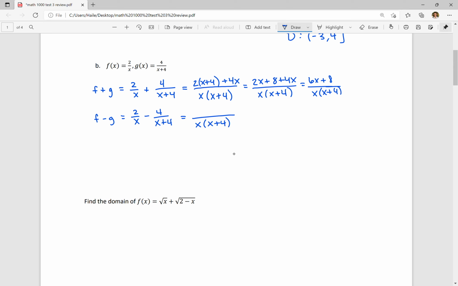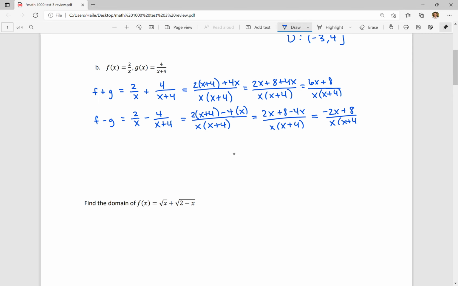And then we multiplied 2 by the x plus 4, and then we multiply 4 by x. So what we end up with is 2x plus 8 minus 4x over x times x plus 4, which if we go one step further would give us negative 2x plus 8 over x times x plus 4.